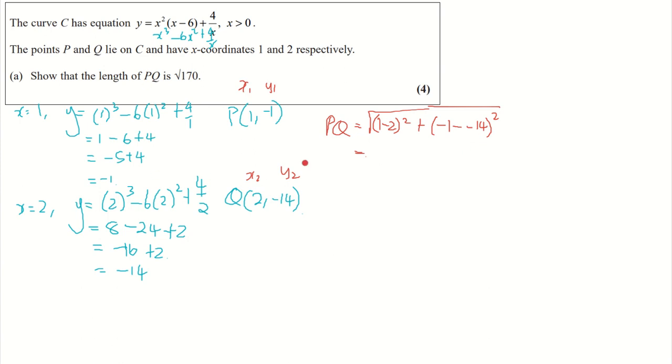So that would be 1 minus 2, which is negative 1, squared, and negative 1 minus minus 14, so that's positive 14 minus 1, which is positive 13, squared. So 1 squared is 1, 13 squared is 169. Therefore it is root 170. Okay, that's shown.